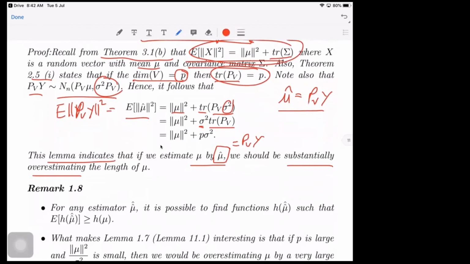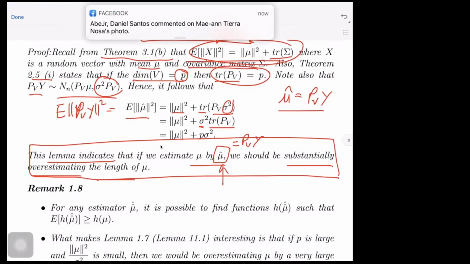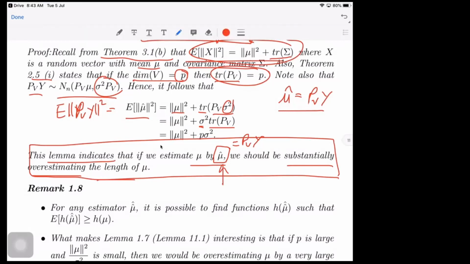So this is the result which gives James-Stein the momentum to propose another function of our mu hat, so that we can pre-multiply mu hat by a shrinkage constant, so that it will shrink.